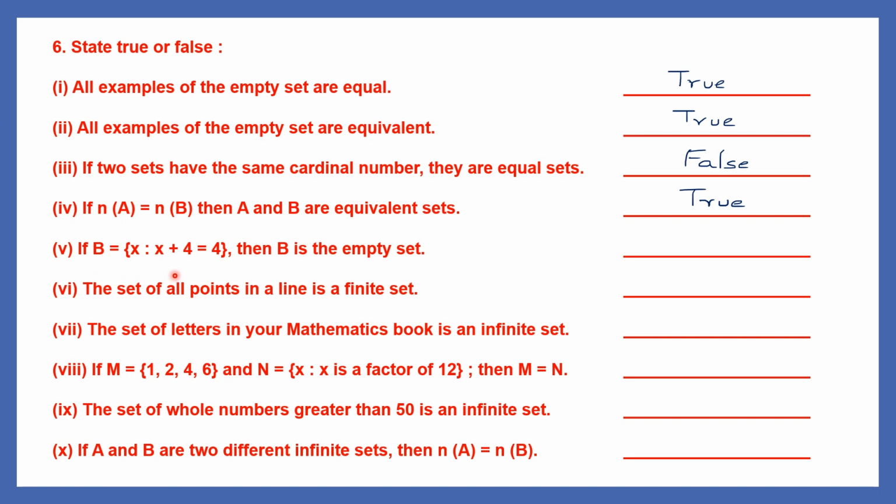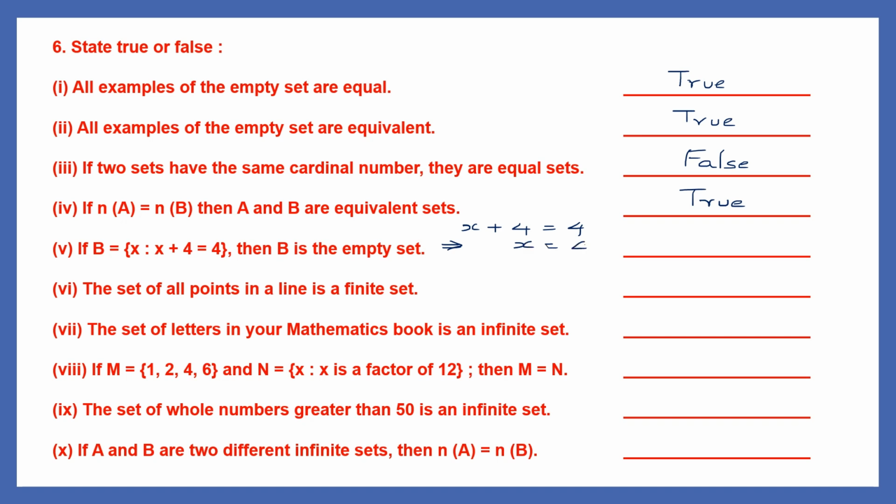Set B is equal to x such that x plus 4 is equal to 4. Then B is the empty set. That means we have to find what x is. Okay, so let's find out the value of x. So here it is x plus 4 is equal to 4. So let's write that, x plus 4 is equal to 4. Linear equation, we can find the value of x.